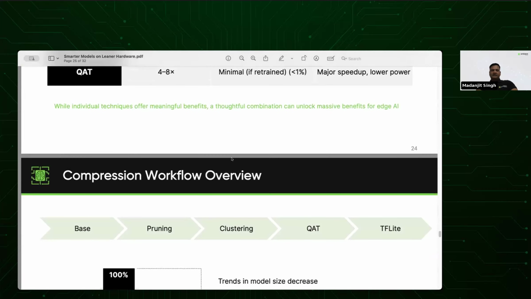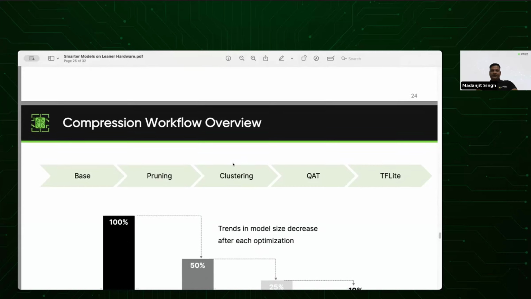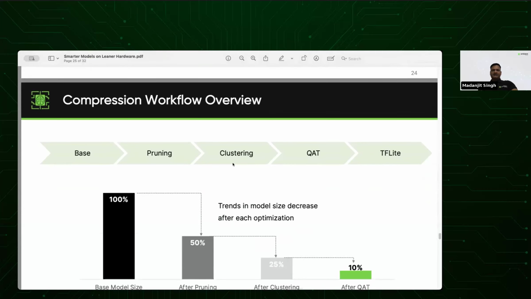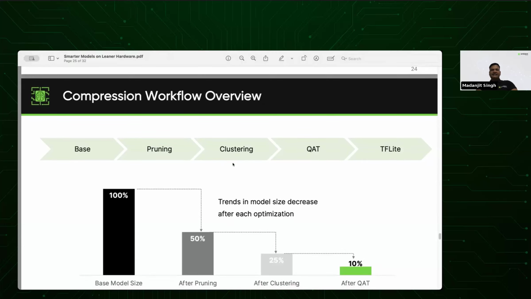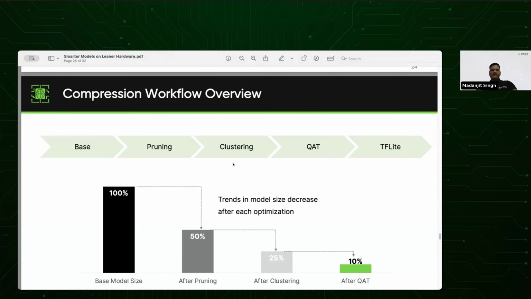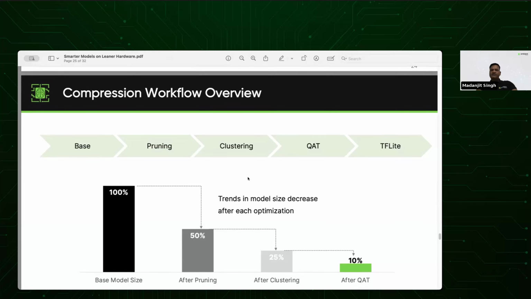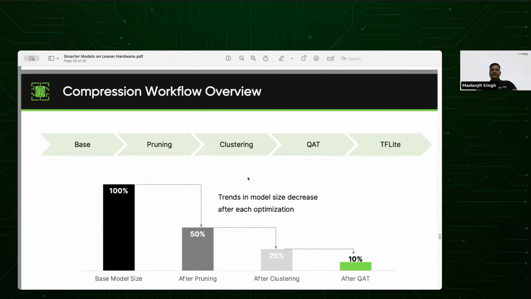Moving next, it's a compression workflow. So what happens is, this is a full optimized journey. Each step shrinks the model further while maintaining the accuracy. You could see that the base model is 100%. After pruning, it's going to be 50% or even less than that. After clustering, it will go further down.